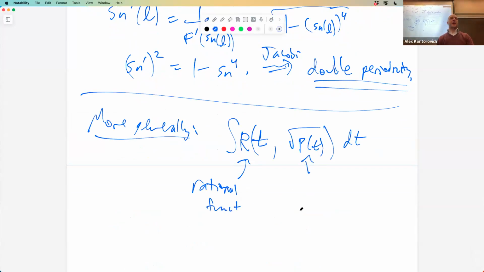And this is like a cubic, a quartic, let's say a polynomial of degree at most four. So it's a rational function in t and in the square root of a degree at most four polynomial.